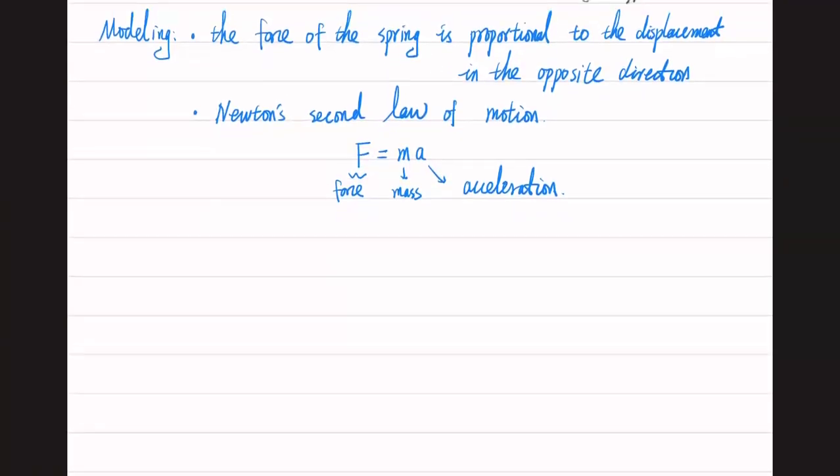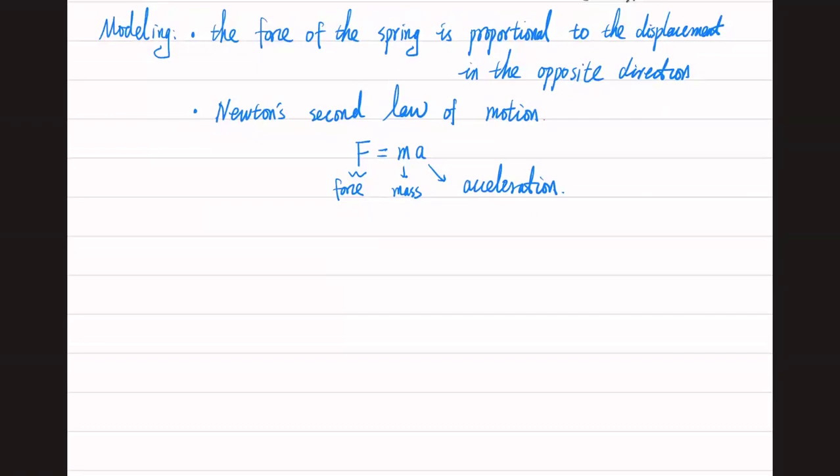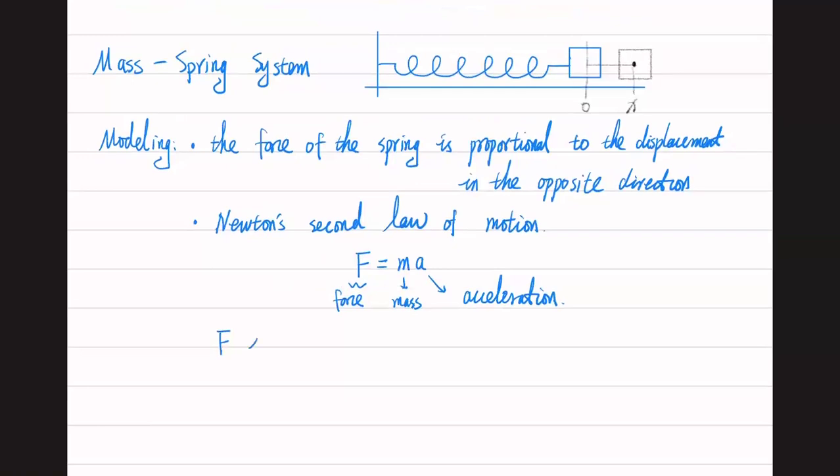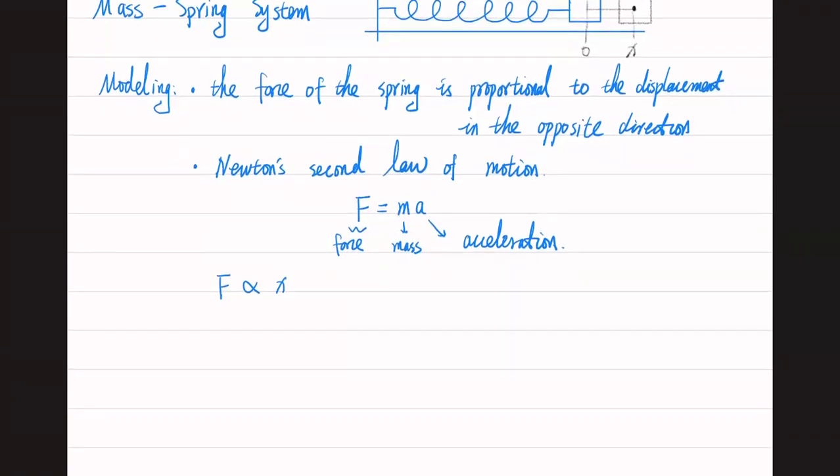In the first assumption, F in our case is proportional to the displacement, but in the opposite direction. So we write the equation F equals negative k x.